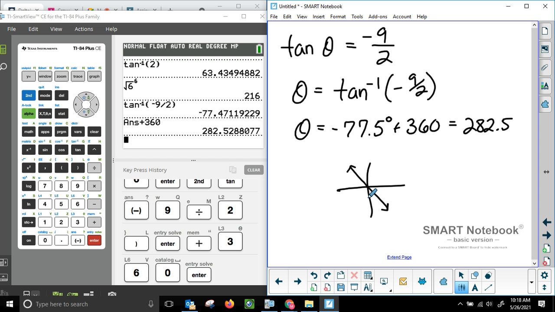So if you just make this positive, that would be my reference angle here, which would be 77.5. So that means this would also have to be 77.5. So if you take 180 minus 77.5 here, this would be 102.5.